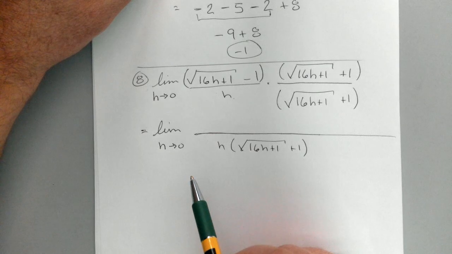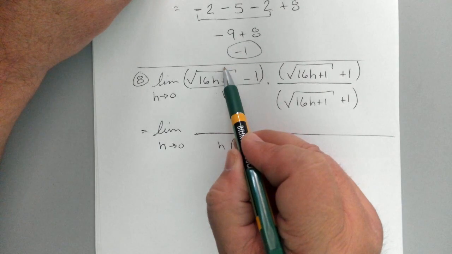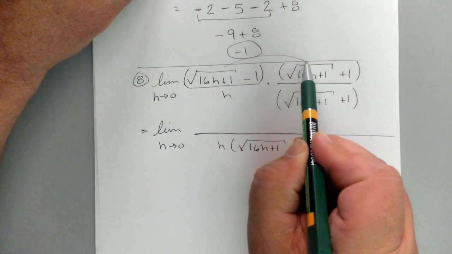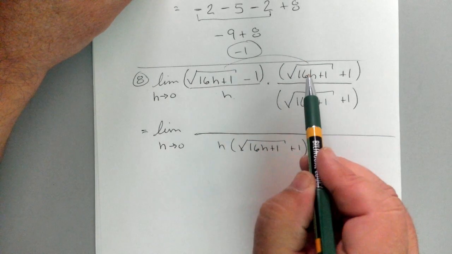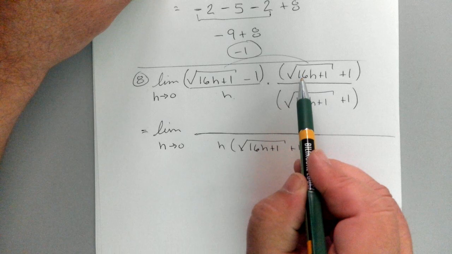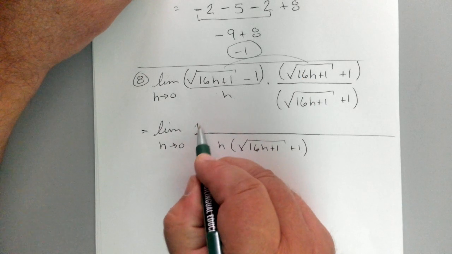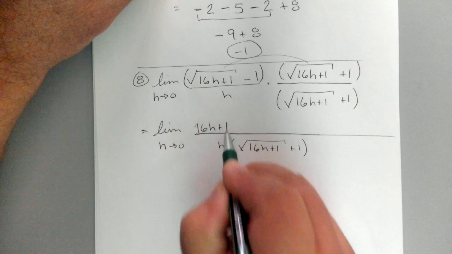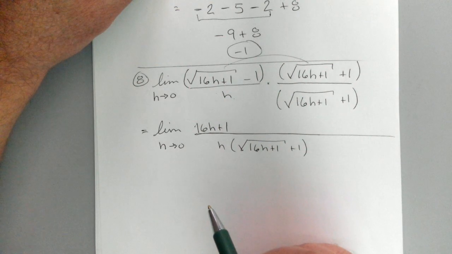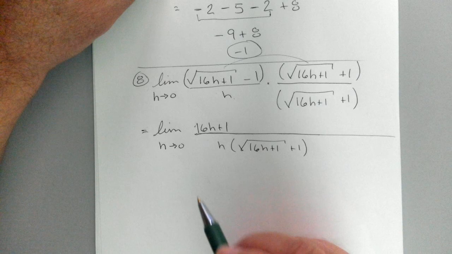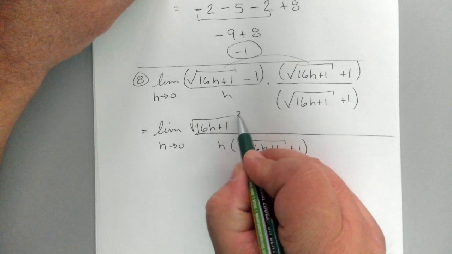That's a FOIL. The radical 16h plus 1 times this radical 16h plus 1 equals what? Yeah, you get rid of the radical, because it's squared. I'll do it the long way.